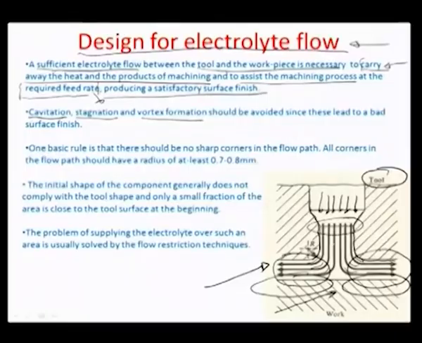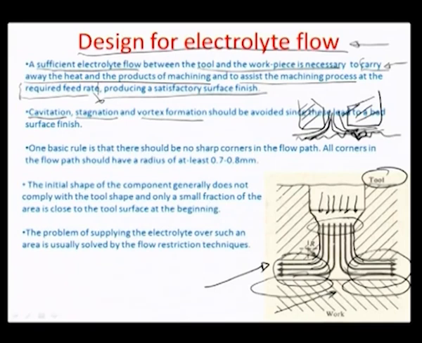Supposing there is a surface like this that you are trying to machine with this tool, shaped in this particular manner with the electrolyte flow across the center of the tool concentrically. If these shapes are perfectly streamlined, there may be a case that the fluid molecules go into this local region and there is some rotation or vorticity or vortex formation which happens here, and although the remaining part of the flow moves smoothly, this local flow remains in one place.